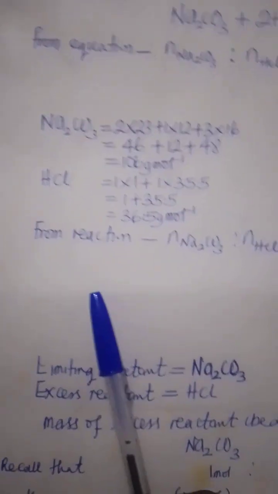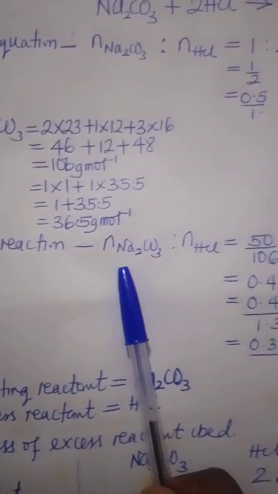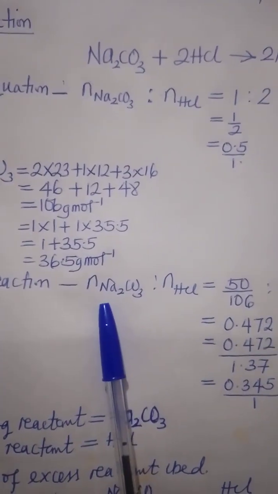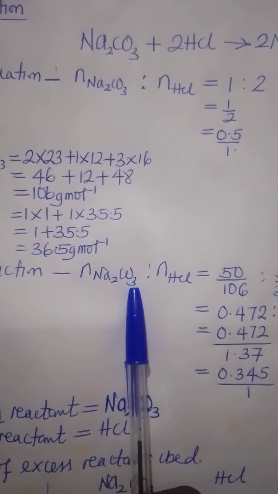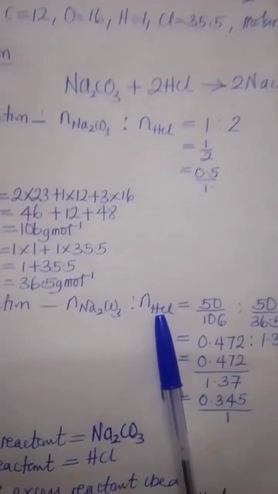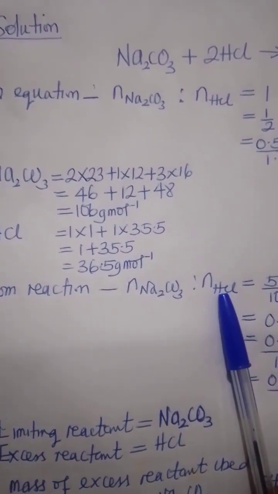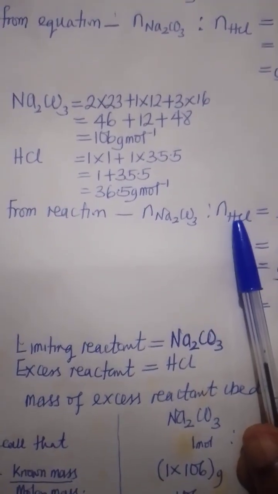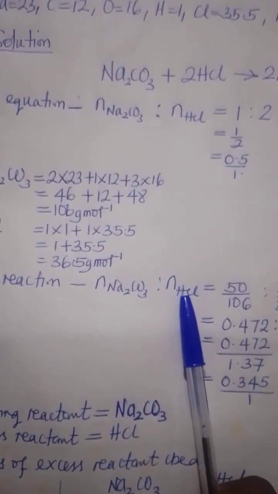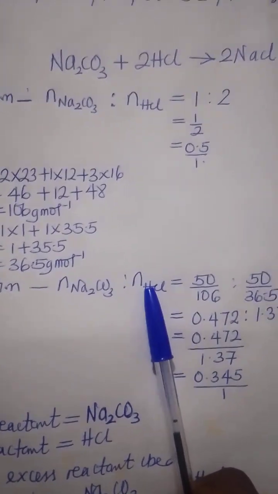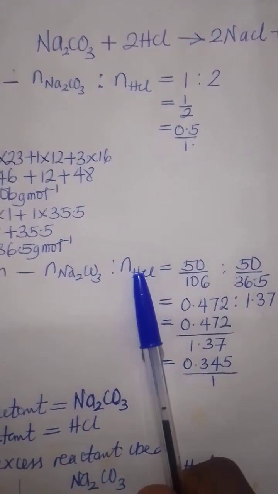Now, from the reaction, what is the reaction? The reaction is what we're given. We're given 50 grams for sodium trioxocarbonate 4 and 50 grams for HCl. So in order to convert mass to mole, remember, we said that you will do mole equal to known mass over molar mass.